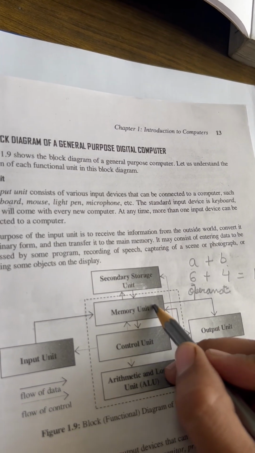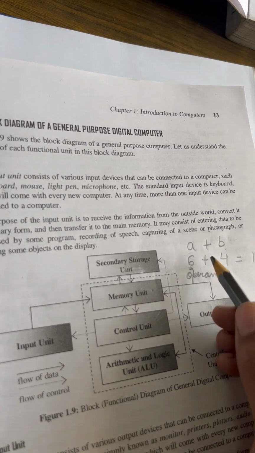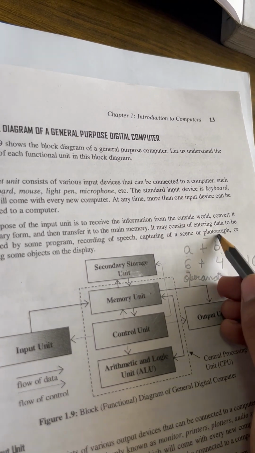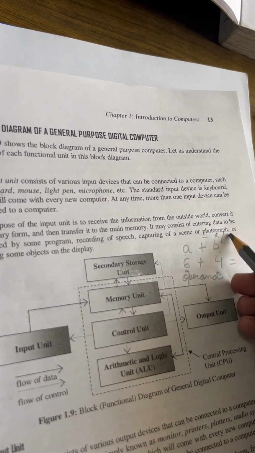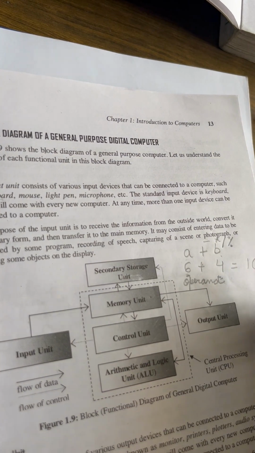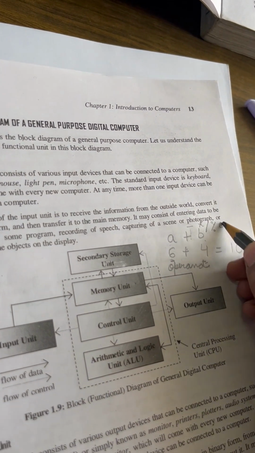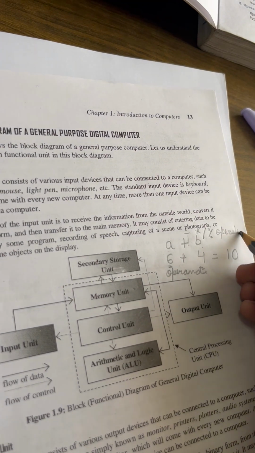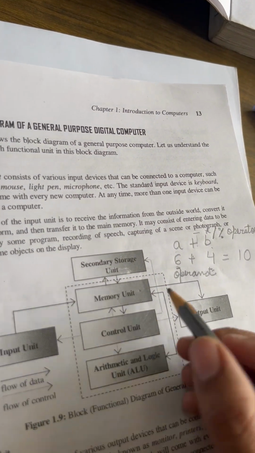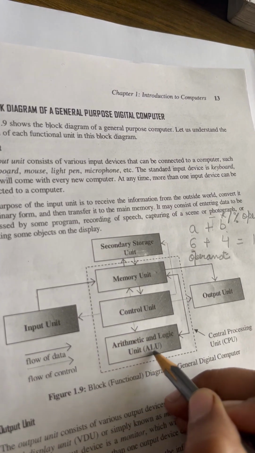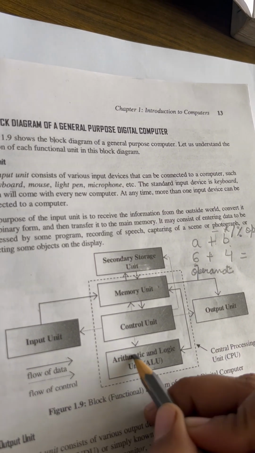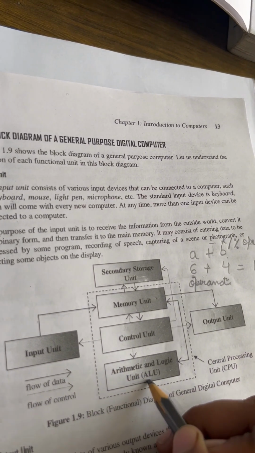Operands are stored inside the memory unit. The plus, minus, multiplication, divide, and modulus, which is the remainder, these all are operators. Those operators are stored inside the ALU, which is the arithmetic and logical unit.